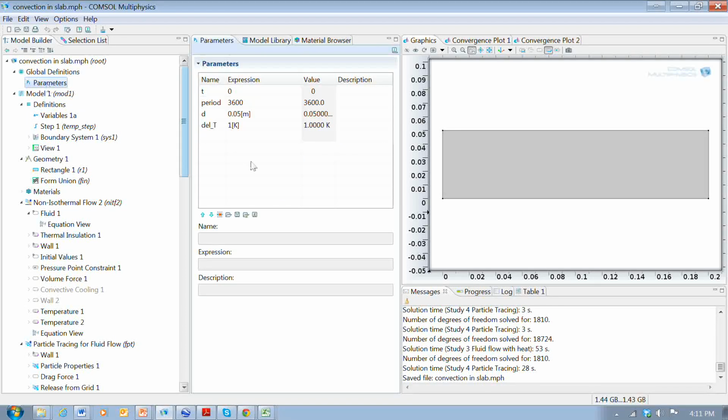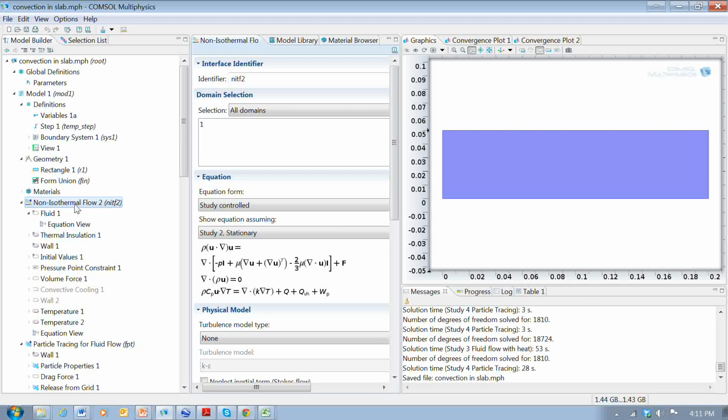The parameters, there's this parameter D, that's the thickness, and del T that I think for our problem we'll just keep as 1 degree K. So I used isothermal flow physics for this.